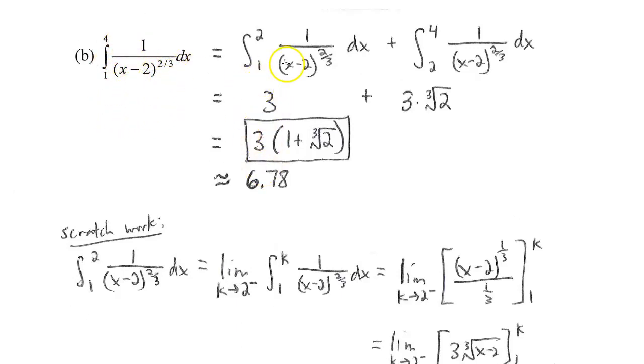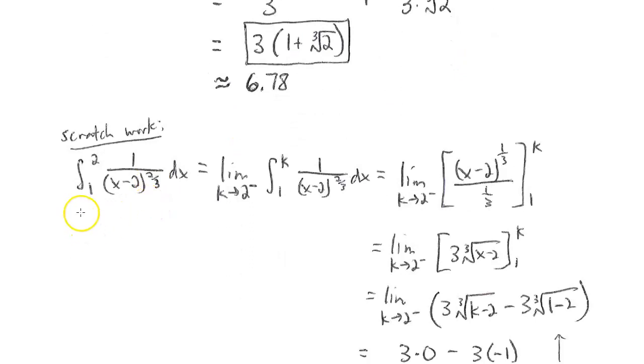Now I'm going to do some scratch work to figure out these integrals. The first one, the integral from 1 to 2 of 1 over x minus 2 to the 2/3 power. Again, we're going to integrate from 1 to k and take the limit as k approaches 2 from the left. To integrate this, remember this is x minus 2 to the negative 2/3 power. You could do a u substitution if you want, or maybe you can do it in your head.